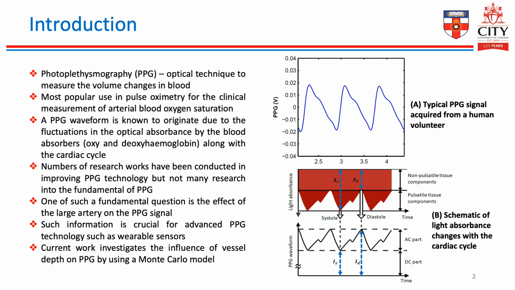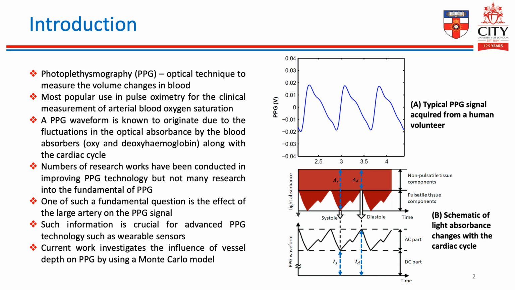Among several fundamental questions, one of the remaining questions is how a large artery or large blood vessel affects the PPG signal. Some studies show that placing a PPG sensor directly on a large artery gives very erroneous results.